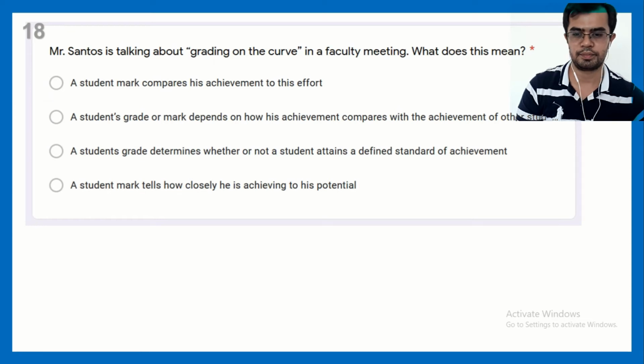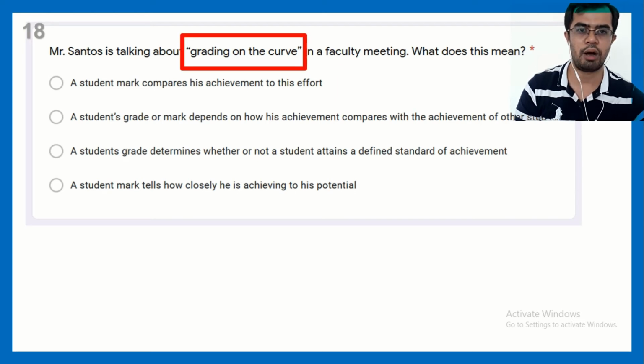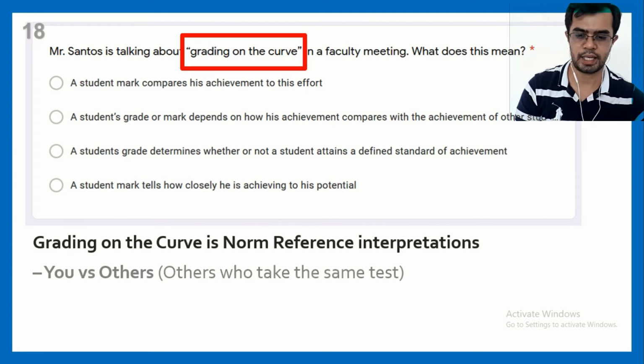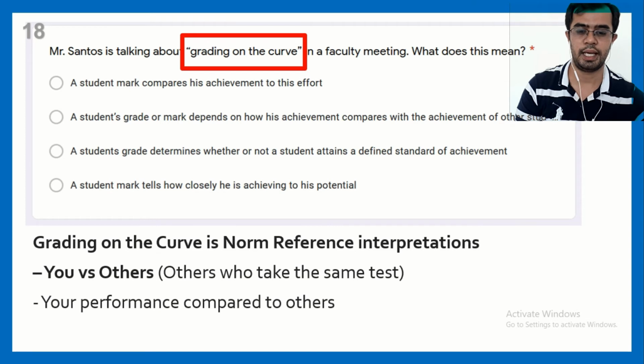Number 18, Mr. Santos is talking about grading on the curve in a faculty meeting. What does this mean? Our keyword is grading on the curve. Again, grading on the curve is associated to norm reference interpretations, which is you versus others, and others is defined as other persons who take the same test, or your performance will be compared to others.